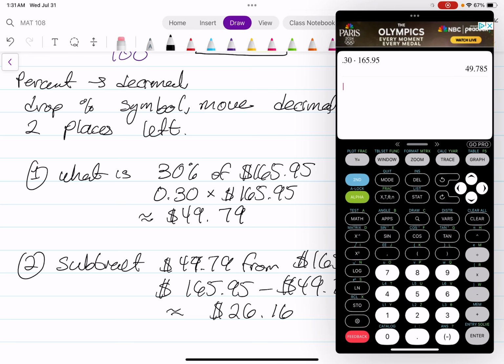I'm pretty sure that's not correct. I think it's $25.65. Let's just check it out. 165.95 minus 49.79.